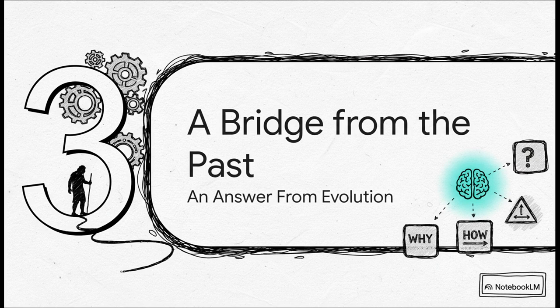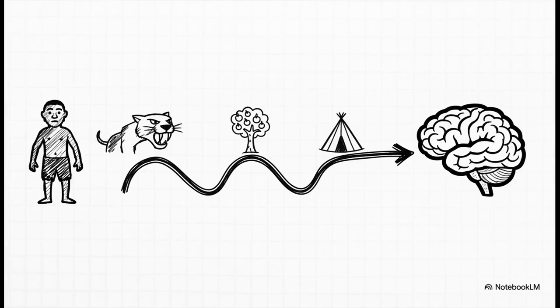Well, one of the most exciting attempts actually takes its inspiration from our deep, deep past. The inspiration for one of the most promising models comes straight out of evolutionary psychology. And the logic is pretty simple, really. The prime directives for our minds, they were set by the evolutionary challenges our ancestors had to face. So if you want to understand the why, that's where you've got to look.